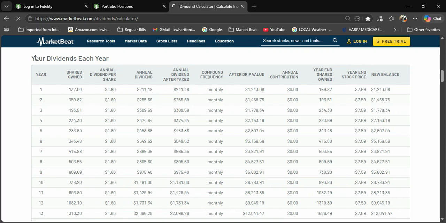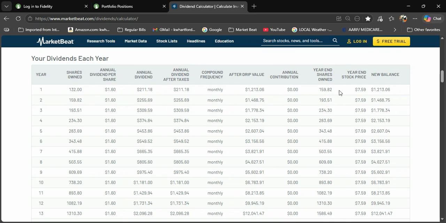Okay. Your dividends each year, you got 132 shares, and the annual dividend per share is $1.60. And then you have an annual dividend of $2.11. And the $1,000 is now $1,200 at the end of 1 year.